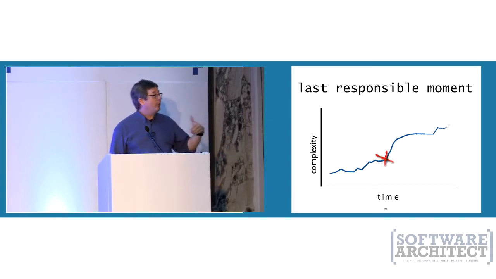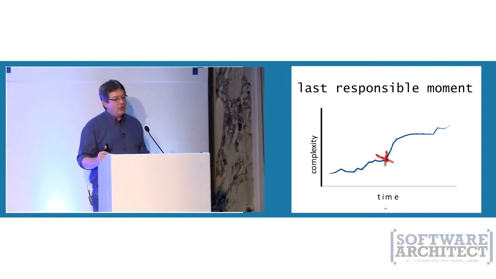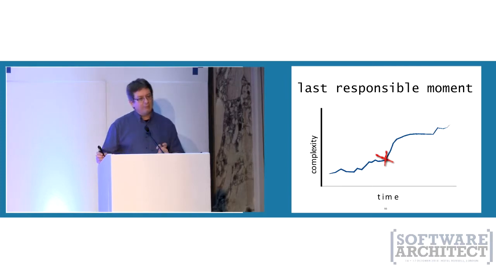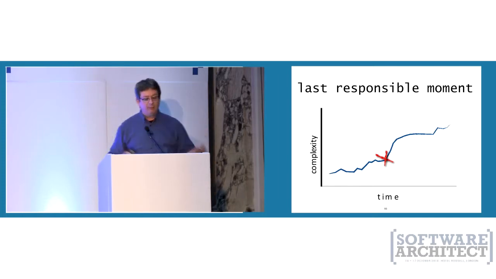Occasionally you will see sharp upticks in the amount of complexity because that part of the system is doing more work, or we're adding a lot of features in that part of the application at a particular time. That's a good time to look at that component and say, has your last responsible moment arrived? Should I really be replacing you rather than spending a lot of time making changes to you?